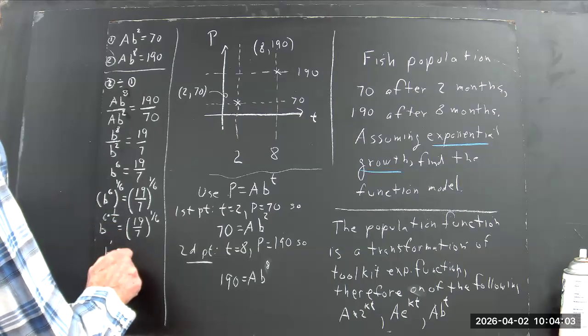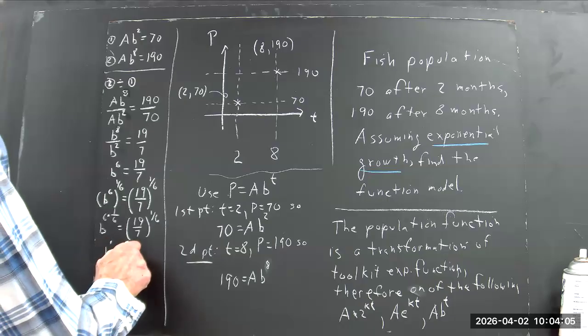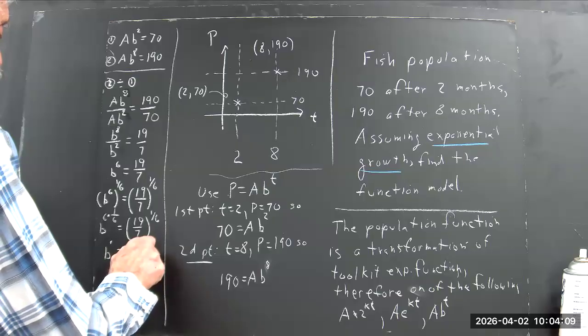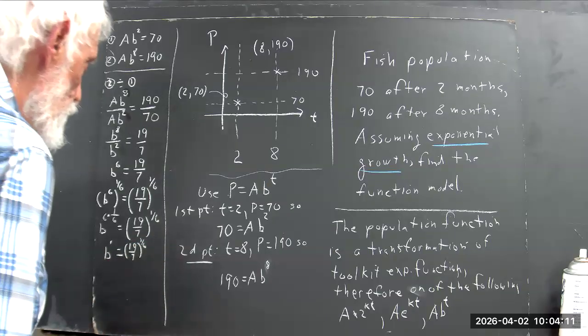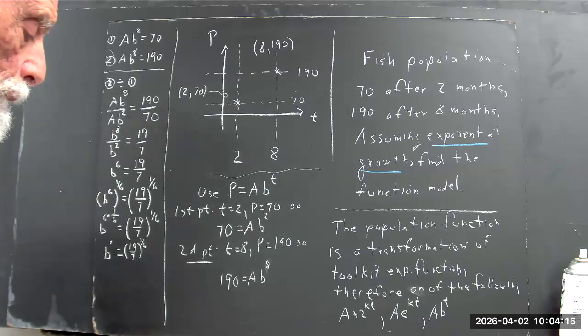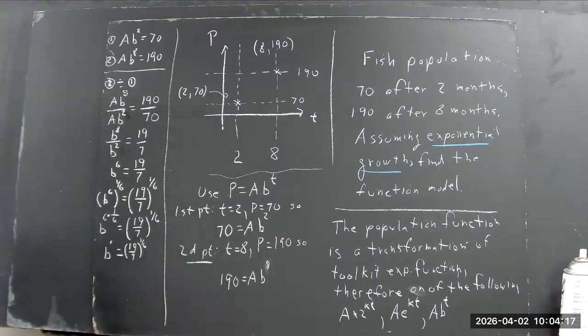So b to the 1 equals 19/7 to the 1/6. Now, 19/7 is a little less than 3. Square root of 3 is 1.732. So square root of 19/7 probably is about 1.6 maybe. And then the 1/6 power of that would be maybe 1.17.